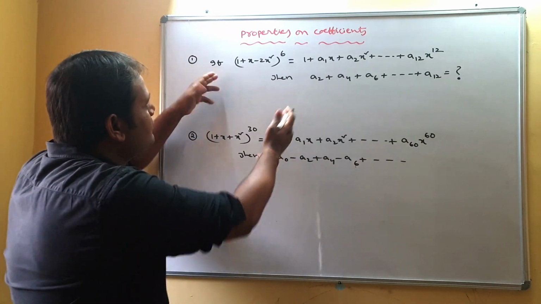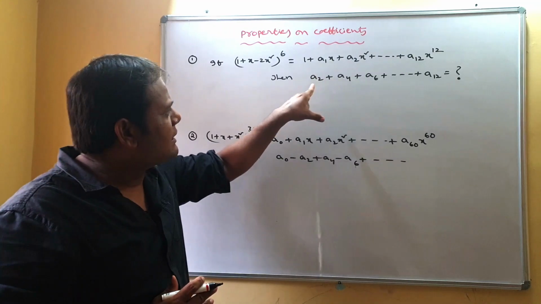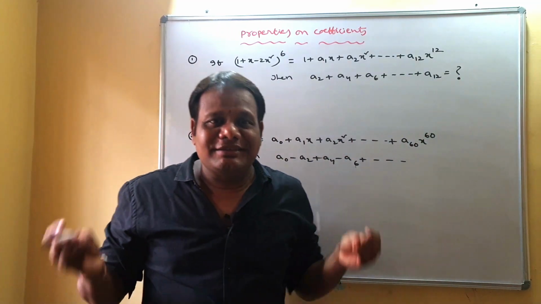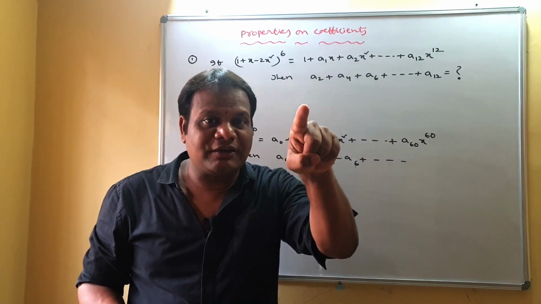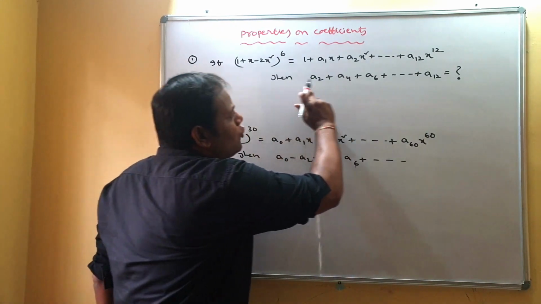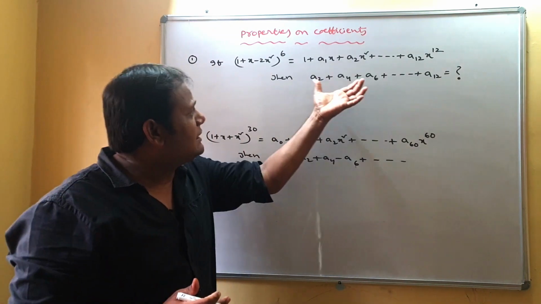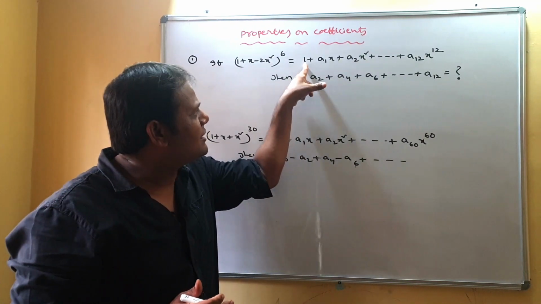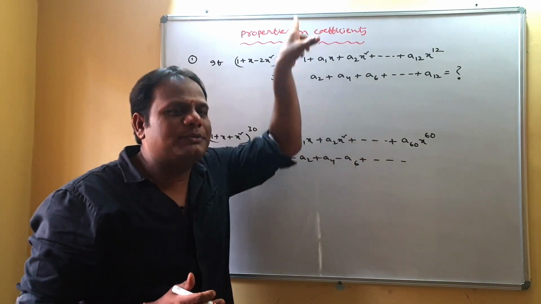Coming to the first one, they have given one expansion. What are they asking? Observe, they are asking a2 plus a4 plus so on plus a12. Means they are asking the sum of coefficients having even powers of x. But you must be very careful. The sum of coefficients of x having even powers of x starts with a0, is it? Because the constant you can also write as 1 into x power 0.